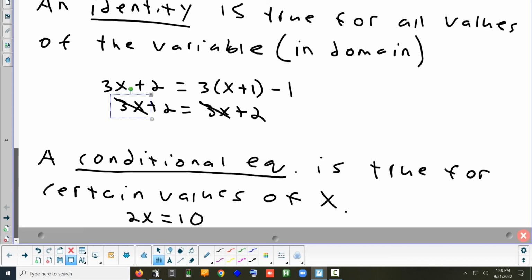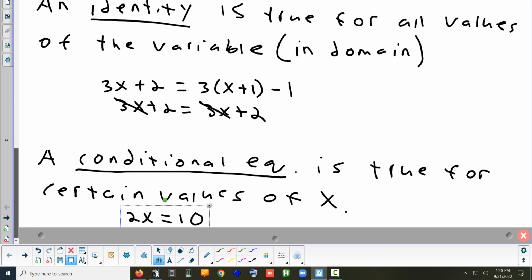Now, you compare that to a conditional equation. That's an equation that is only true for certain values, not every value. This one is only true when x is 5. Okay, that's called a conditional equation. You can think of it as there's a condition to make it true.